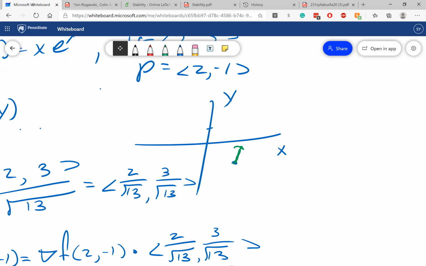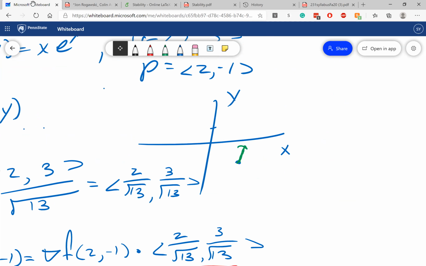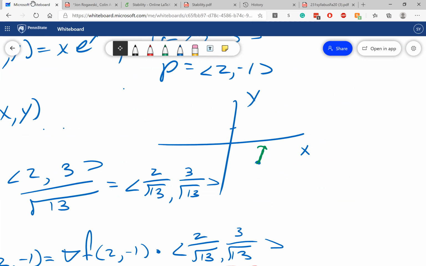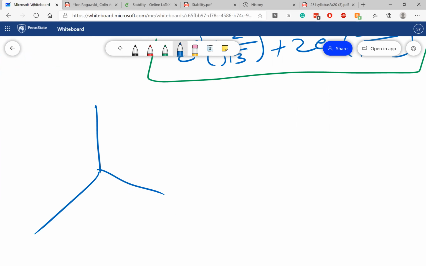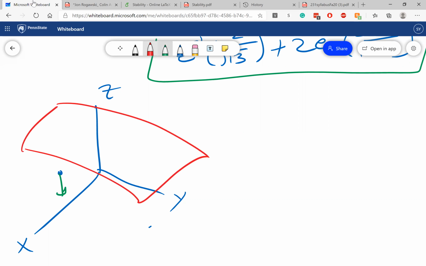So if we had here's my x, here's my y, and here's my z, and I'm at the point here, and I have a vector in this direction, and I looked at my surface above. As we vary this, the z direction over here is going to move with this proportion.